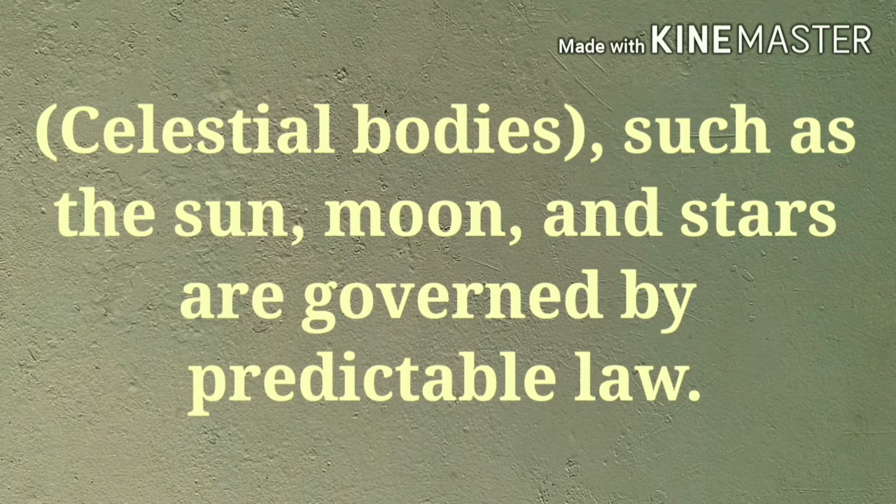Like this statement: celestial bodies such as the sun, moon, and stars are governed by predictable law. So, the unfamiliar word in this statement is celestial, or celestial bodies. But you will be able to identify or understand the word because there are hints given in the statement.